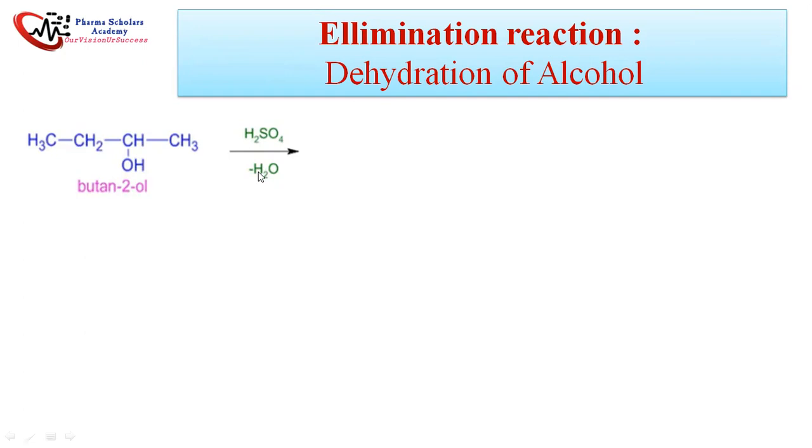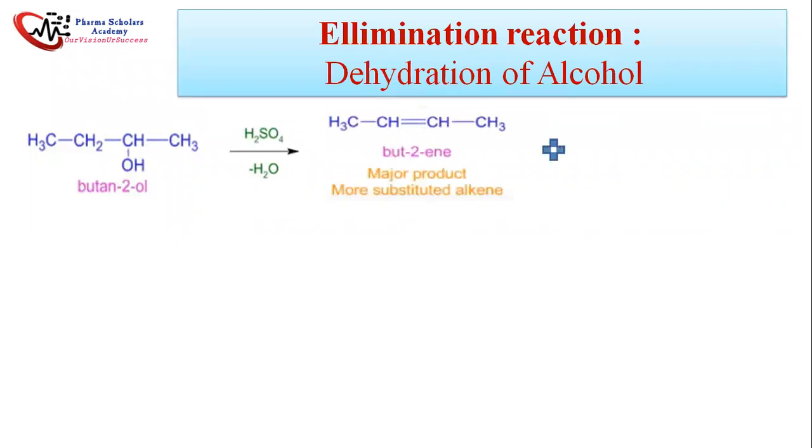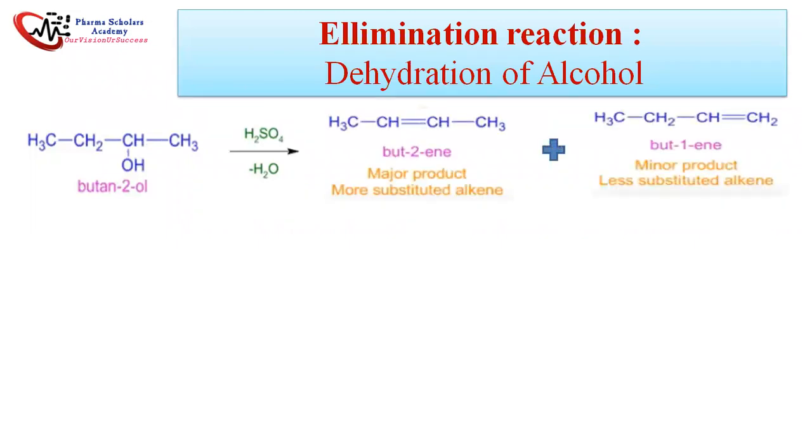Depending upon the addition of hydrogen to the formation of the double bond, two products get formed. One is major and another one is minor. The major product is but-2-ene, which is the more substituted alkene, and the minor product is the less substituted alkene.